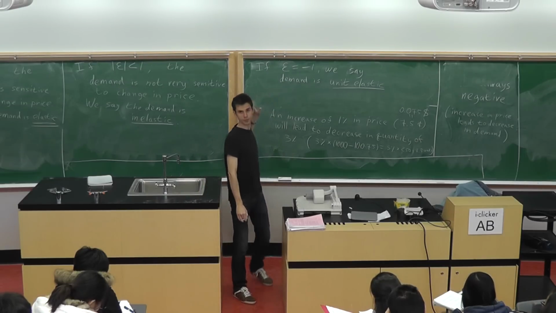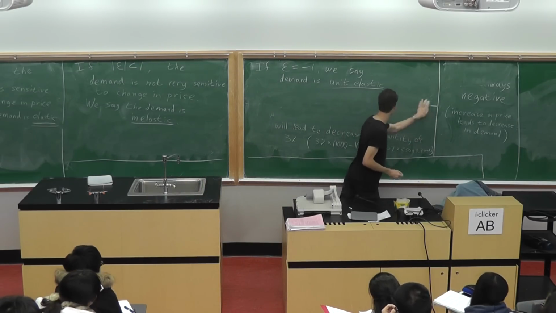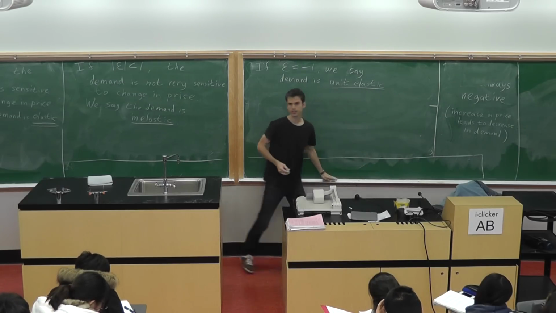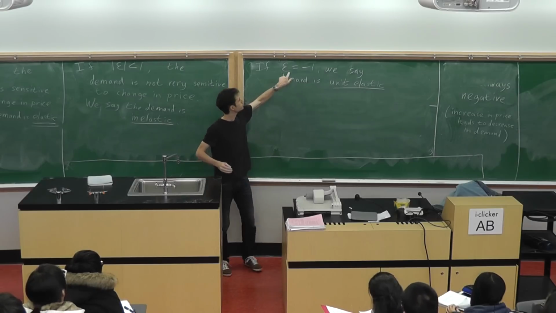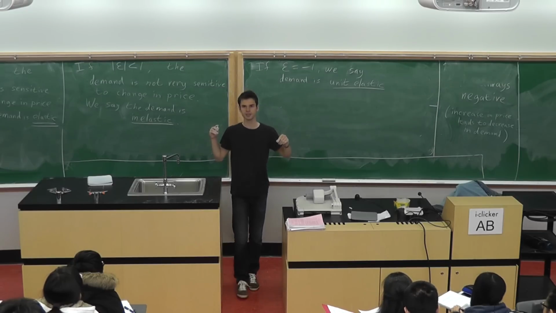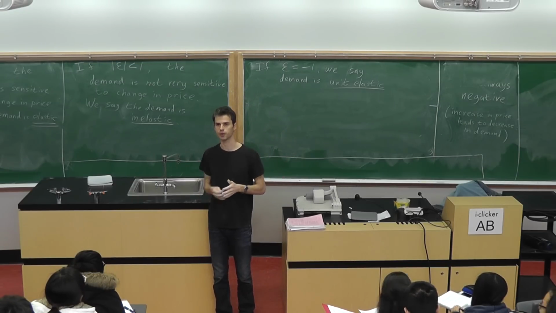So it's a situation somewhere in between. Is that absolute value? That's epsilon is exactly -1. Yeah. So the absolute value is exactly 1. And since epsilon is always negative, it means that epsilon is -1.